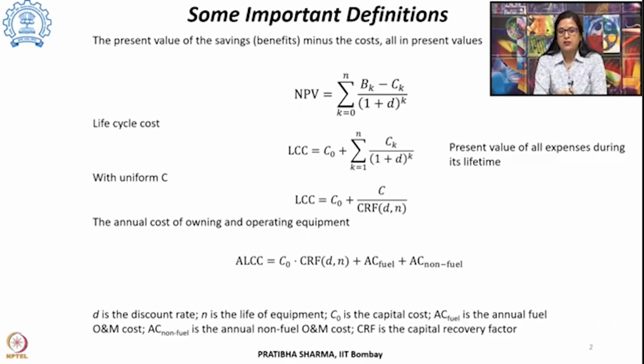Now, the annual cost associated with owning as well as operating an equipment can be obtained as the annual life cycle cost, which is the initial investment times the capital recovery factor plus the annual fuel associated operation and maintenance cost and non-fuel operation and maintenance cost. So, this is how we can get the annual life cycle cost of an energy producing plant.